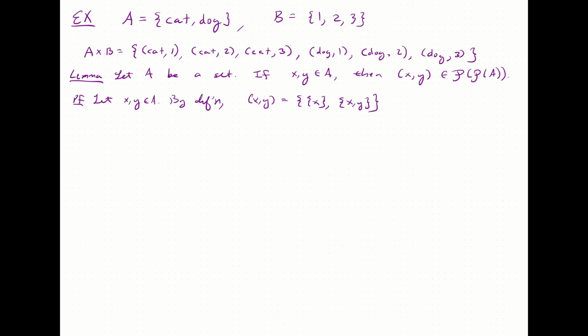And so we have this here, and we want to show that this is an element of the power set of the power set of A. But now, what we do have is that {x} is a subset of A, and the set containing x comma y is a subset of A.